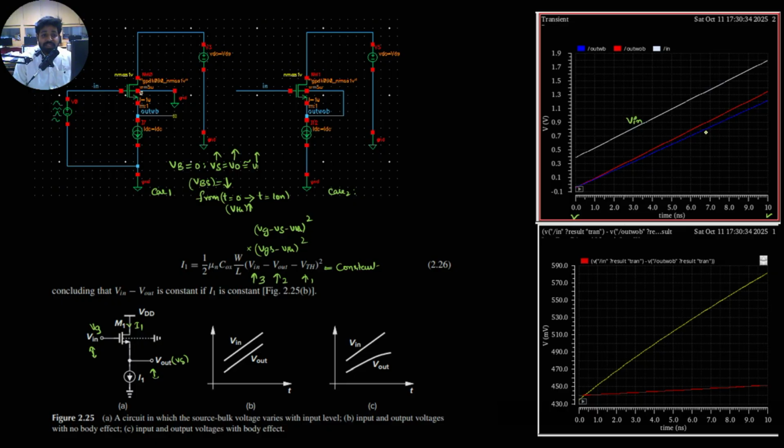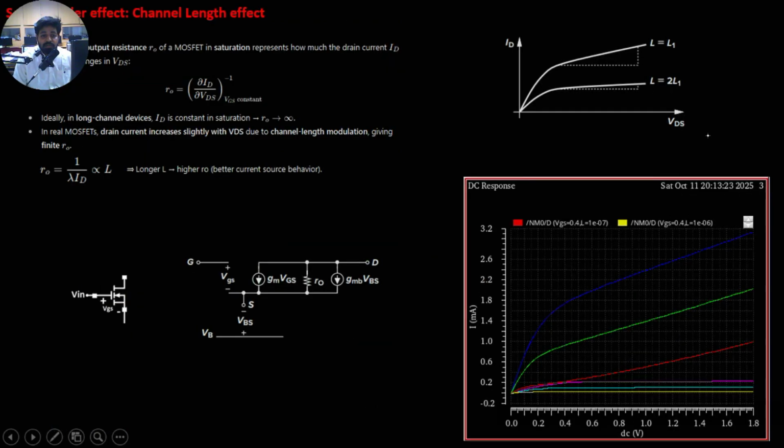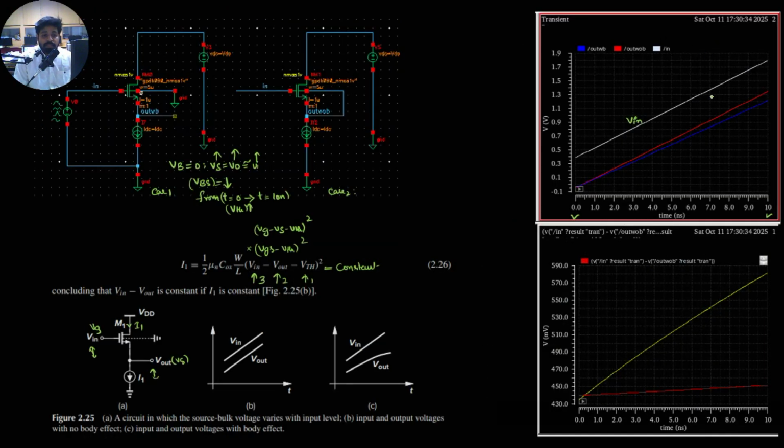This is my second graph, with the body effect. With the body effect, because of the rise of threshold voltage, my V output will not rise at an equal rate to my V input.